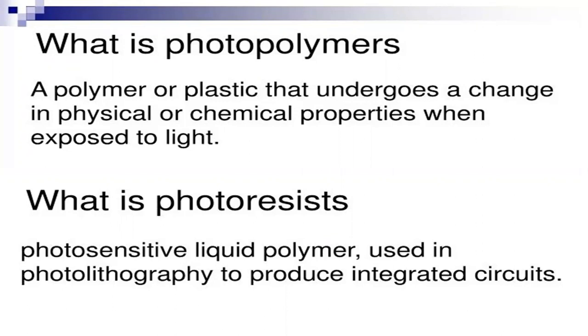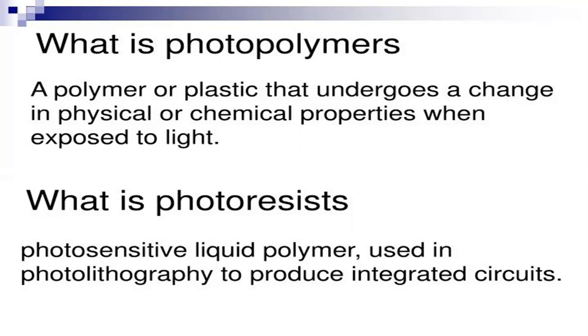Suppose I am taking a stereolithography apparatus. In that apparatus, a UV light, ultraviolet light, is passing through the liquid resin. So the resin is converted into the final product, the object.